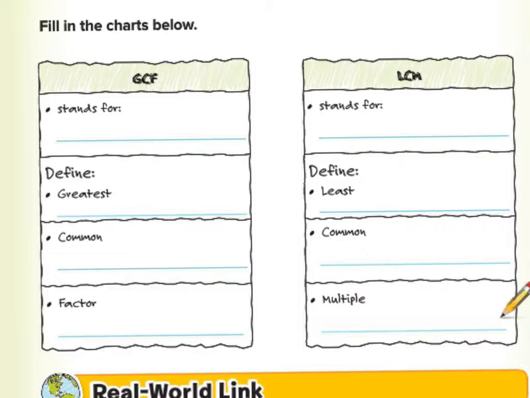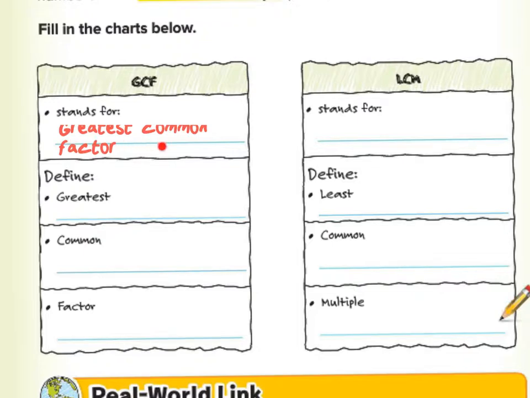Okay, so in your notebooks, in your workbooks, let's go ahead and fill this out. What is the greatest common factor? What is the GCF? Stands for the greatest common factor. And what does the LCM stand for? The least common multiple. So let's define greatest.